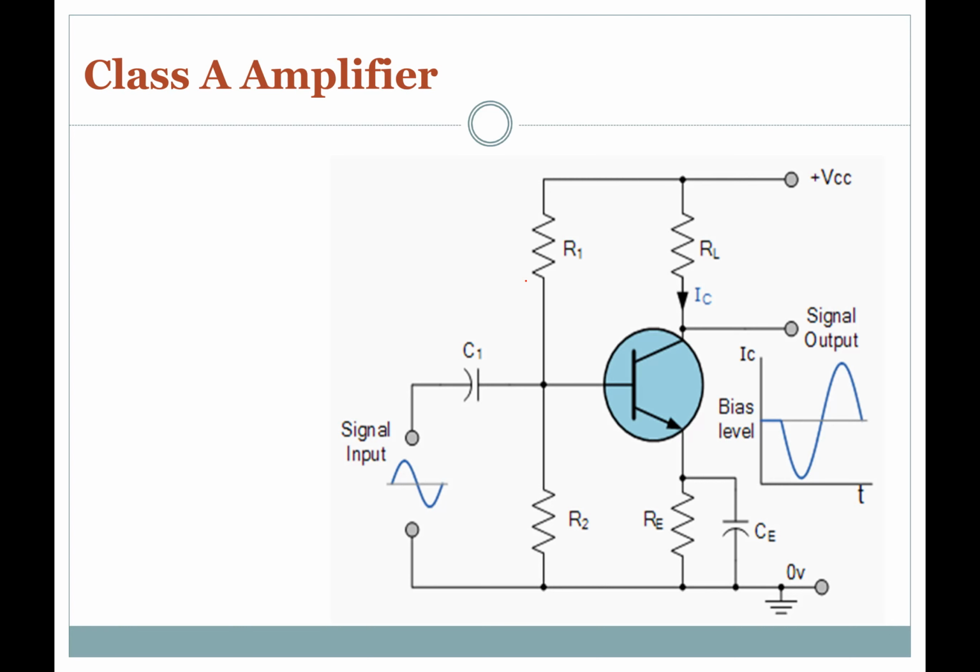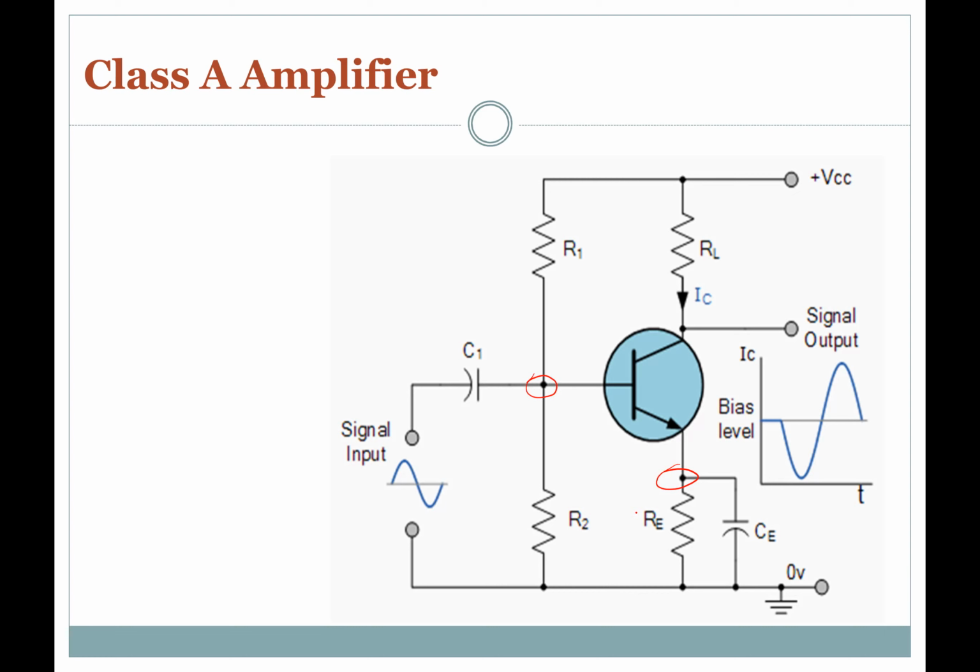Class A amplifiers are usually biased with a DC voltage applied across the transistor base-emitter region, which is this region, the base and then the emitter region, so that when there is no signal, the quiescent operating point is on a linear part of the transistor characteristics curve.